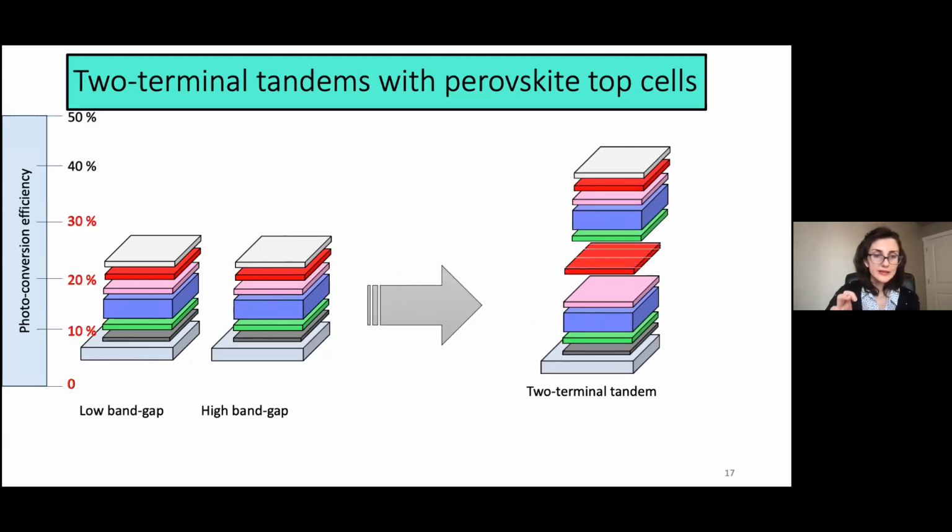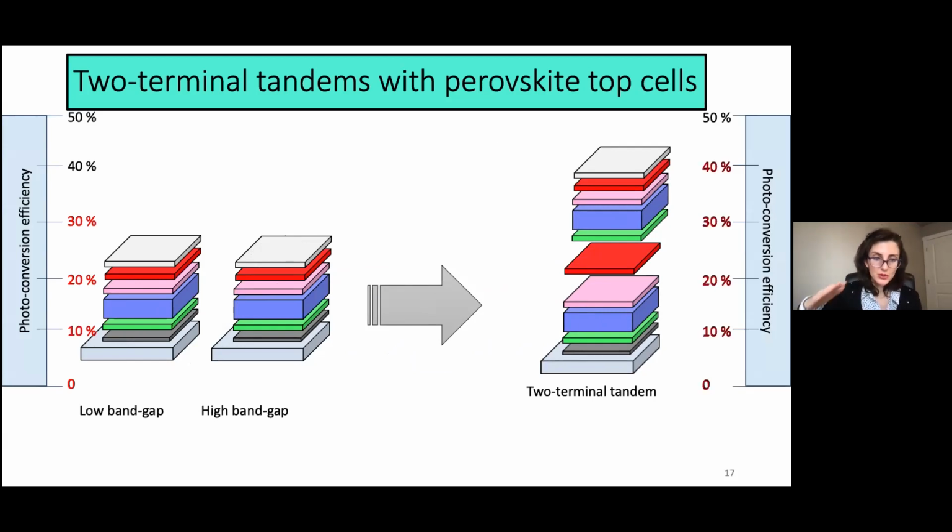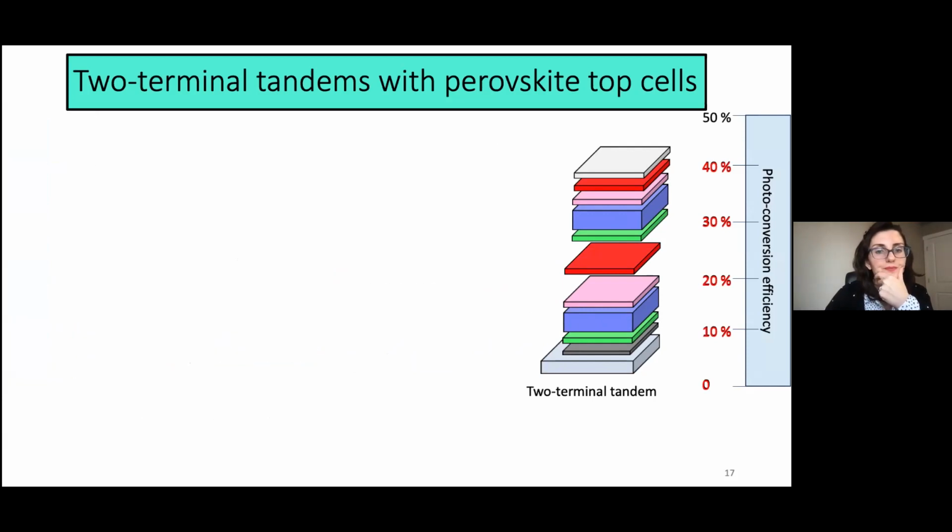You would need a junction layer here to connect these two types of PVs. And then you'll have a higher efficiency limit. Again, these look feasible from an economic perspective, but we don't know their environmental impacts at this point.